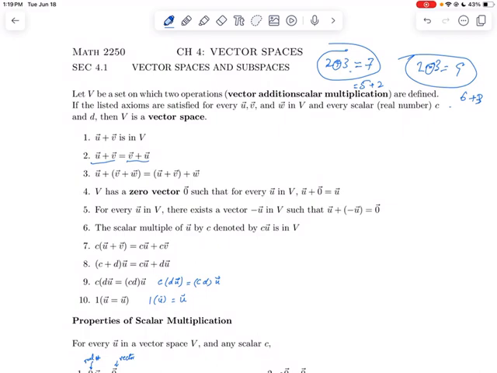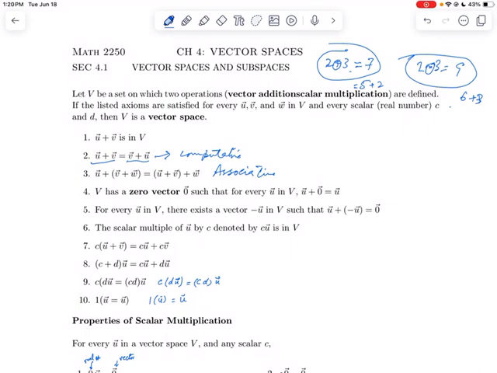Then number 3, the usual associative property. Remember, this is called the commutative property, and this is called the associative property. And these are properties with respect to addition.